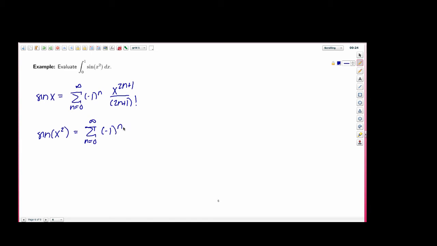So (-1)^n, x squared to the 2n+1, over (2n+1) factorial. So this becomes the sum from n equals 0 to infinity of (-1)^n x^(4n+2) over (2n+1) factorial.